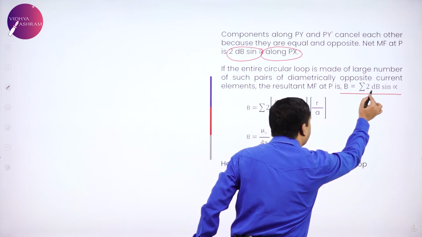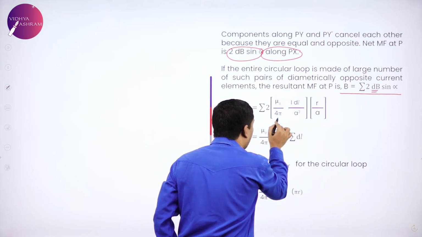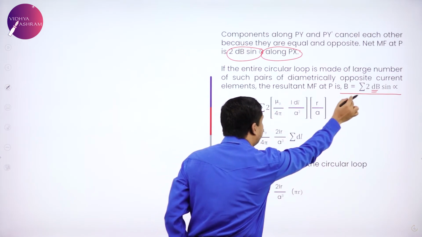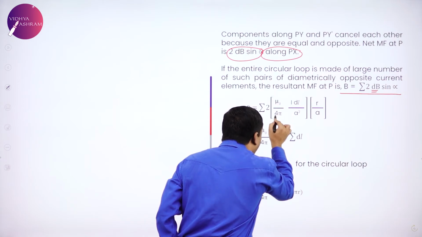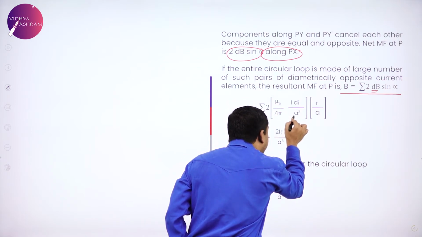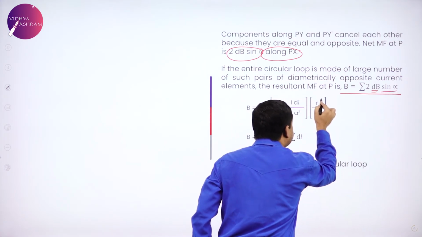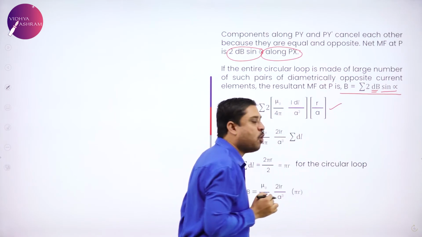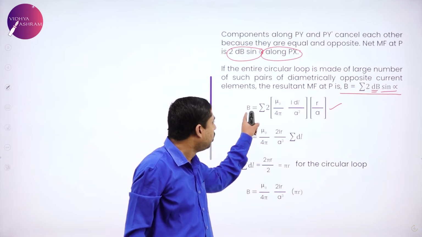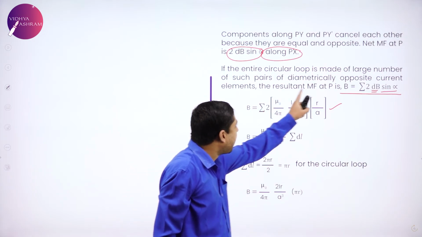Now substituting for this dB, summation 2, and dB is mu naught by 4 pi IdL by A square, and in the first calculation sin alpha was R divided by A. So what did we get? B equals summation 2.